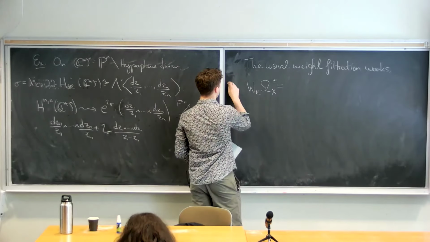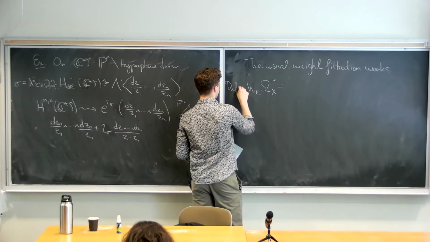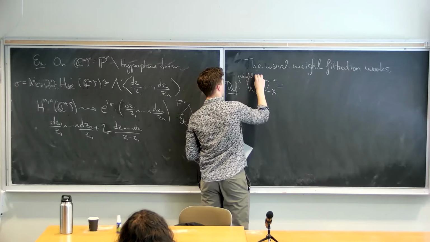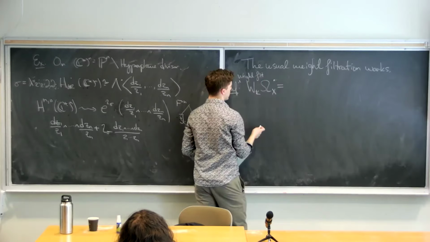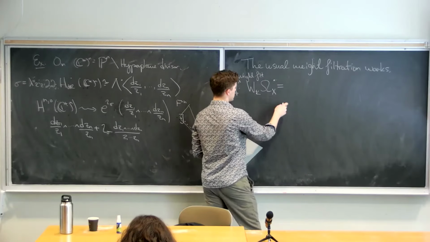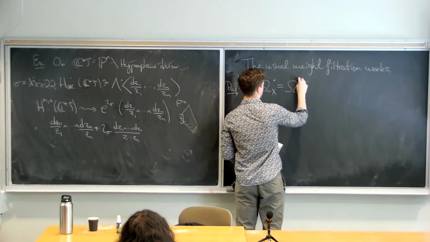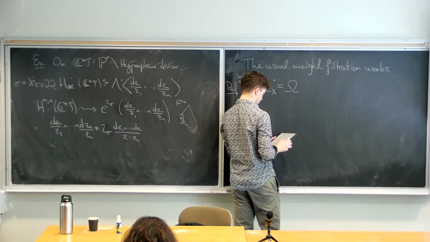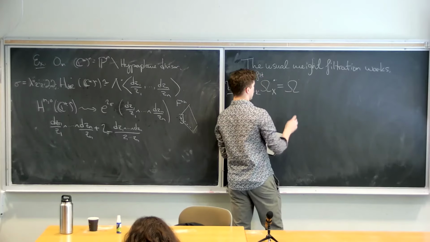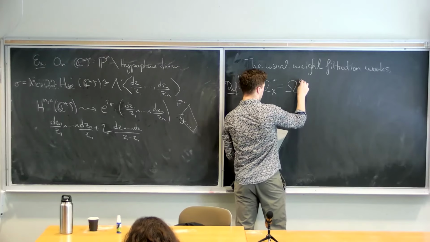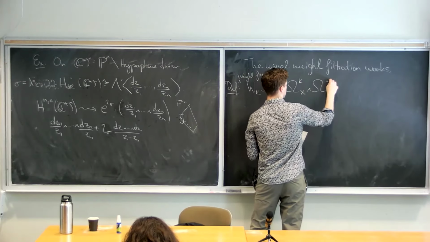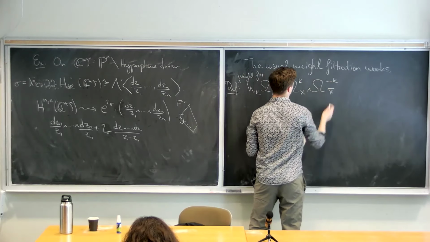You need to remember that these are log forms. So this is going to be things which have at most, sorry, do I want at most or at least? Yeah, this is going to be Omega^k_X wedge Omega^(•-k)_X bar.